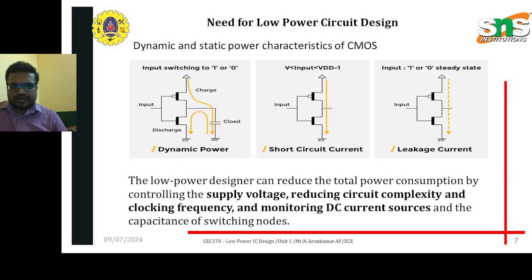Then the corresponding voltage can be stored in C out, so that we can catch the output voltage from the above two terminals. Here the low power constraint is forwarded from this base to the dynamic process. Low power design can reduce the total power consumption by controlling the supply voltage, reducing the circuit complexity and clocking frequency, as well as the DC current sources of the concerned medium.